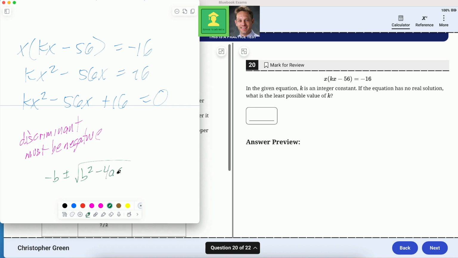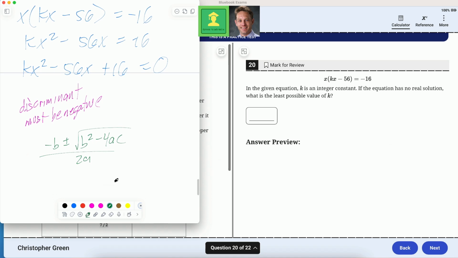For there to be no real solutions, that means it has solutions that are complex conjugates. It has solutions that are non-real, imaginary, complex, which is when this is negative. Because if what's in the radical is negative, then the solutions would have i in them.